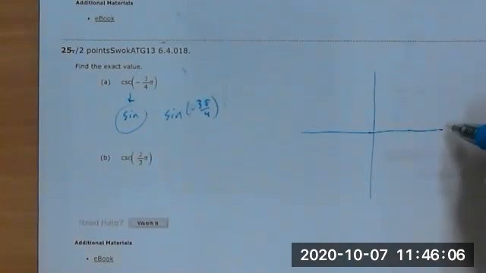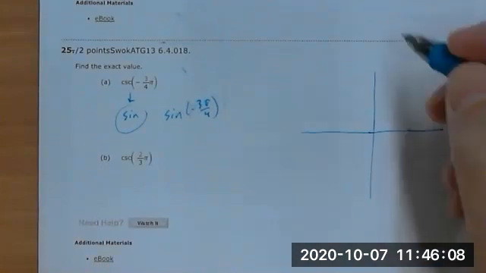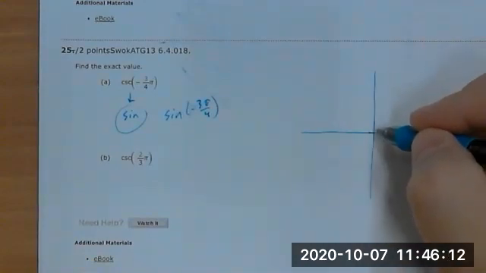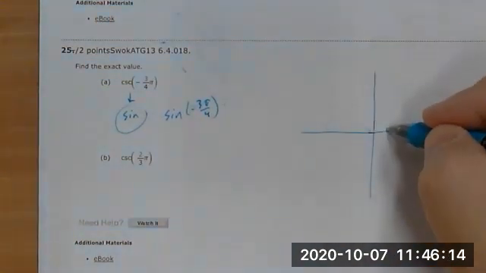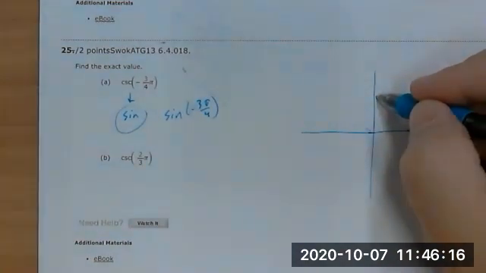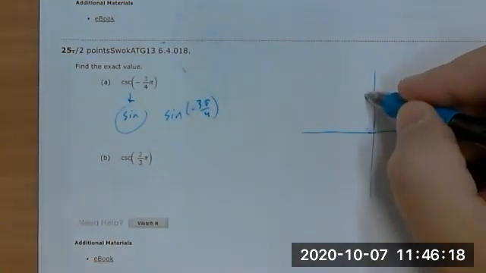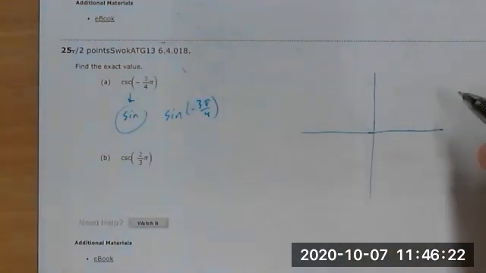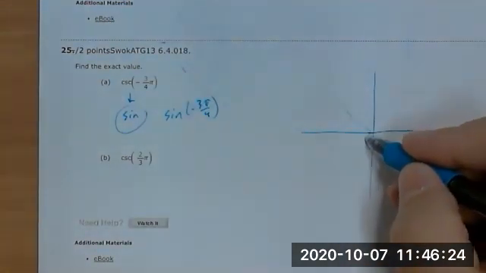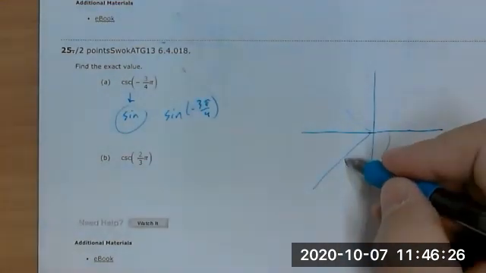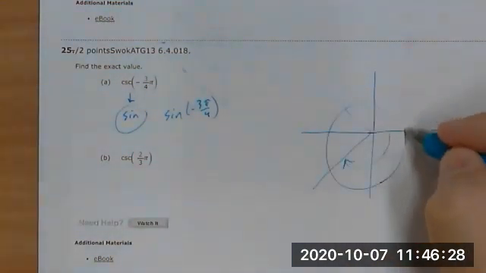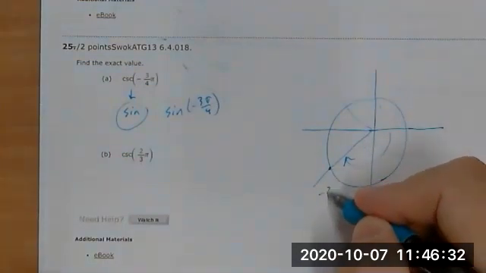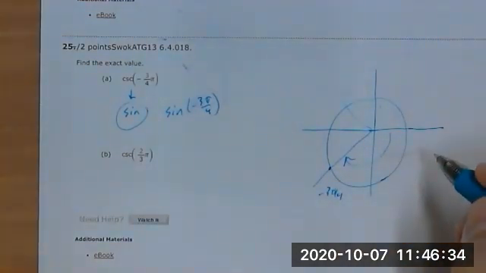-3 pi over 4, if you need help, think of +3 pi over 4. Where's +3 pi over 4? It's pi over 2 and then halfway through the next quadrant. So if you go in the negative direction, you need a circle. So it's right here. It's -3 pi over 4.